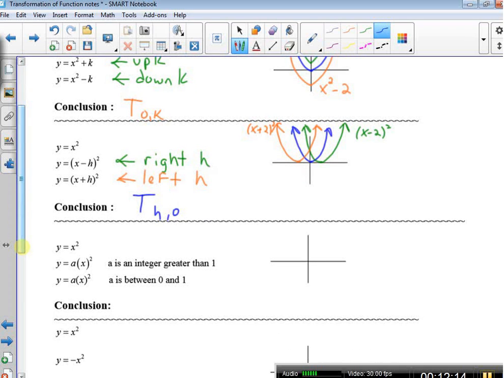And then for the next one, y equals x squared.